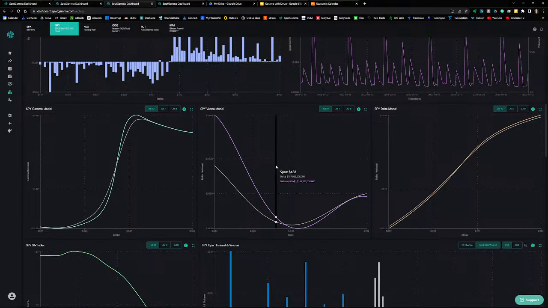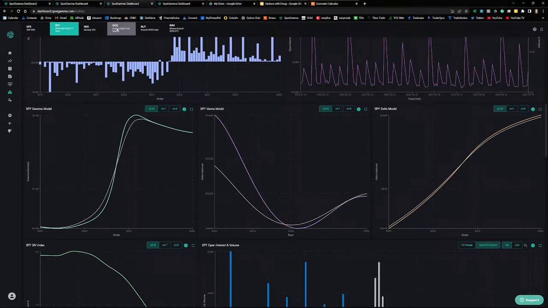So this is showing a little bit more of a tailwind if price increases up to a certain point, and then as price decreases, market makers will need to sell futures to hedge their delta exposure. So being on this side of the curve is typical of a negative gamma environment.